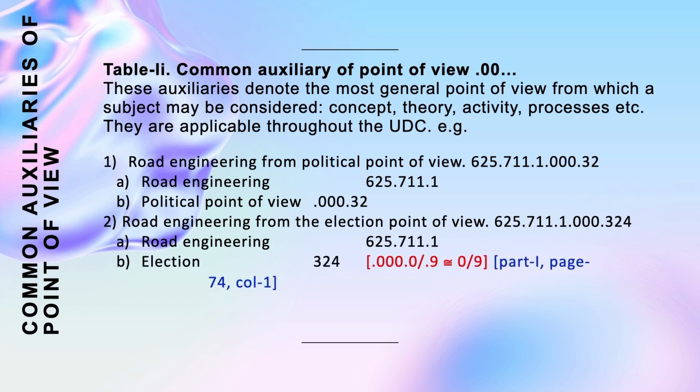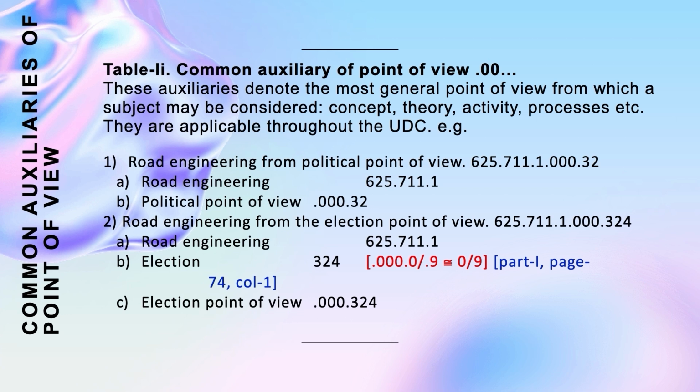So 625.711.1, that is road engineering, and the election number is basically in the main schedule, that is 324, and there is a provision in UDC, that is a special auxiliary under this point of view common auxiliary, that is .000.02.9 subdivided as 0 to 9. Okay, 0 to 9, that is the whole schedule. So the whole schedule number, that is the election number, is 324.